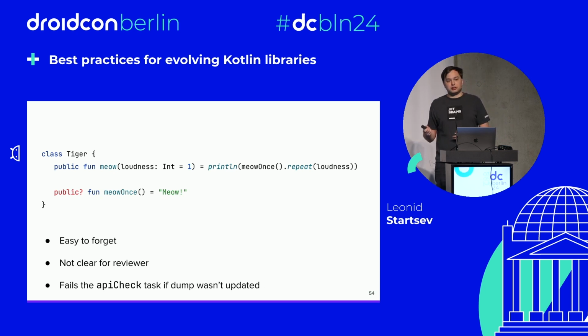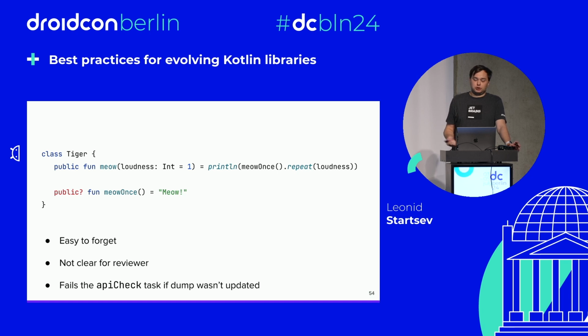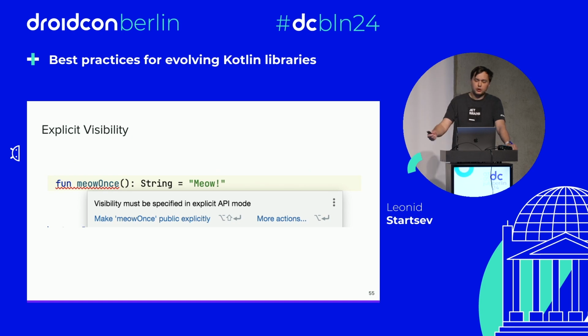Of course, a binary compatibility validator can track these changes and it will warn you about them. But why should we have to wait for a CI failure or a build failure when we can do it quicker? When you enable explicit API mode in the Kotlin compiler, it will tell you right away that all declarations have to have the visibility specified in explicit API mode.